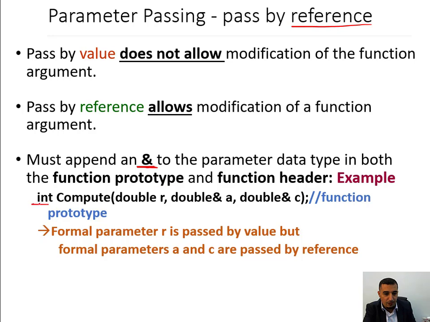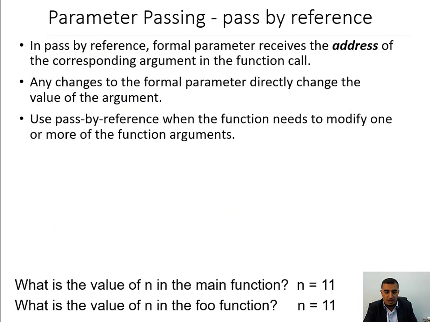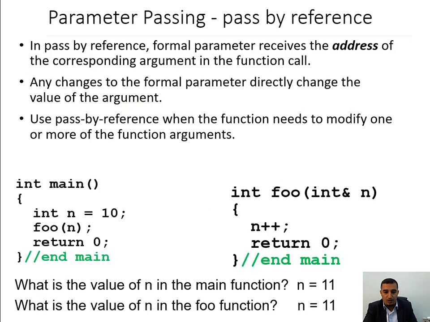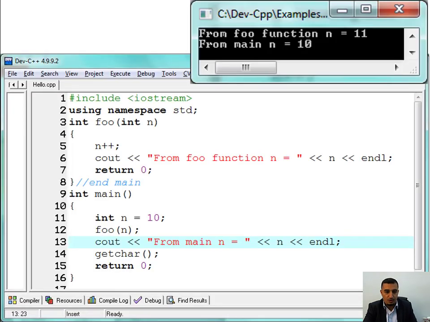So if you see here, integer compute, double R is passed by value, this is passed by reference, and this is passed by reference. So if the value of a changes in the function, it will change in the main function. And this is one way to have a function with more than one output.